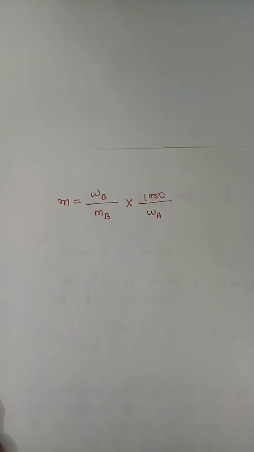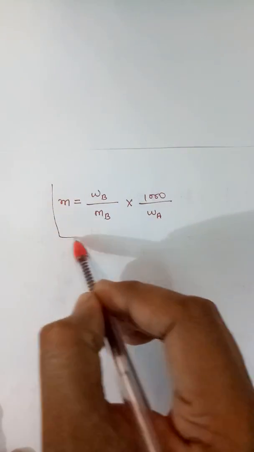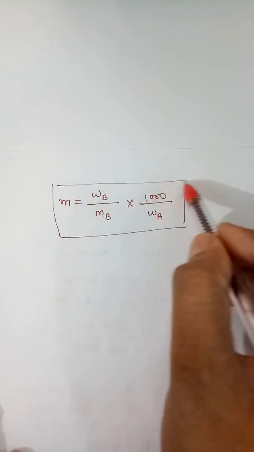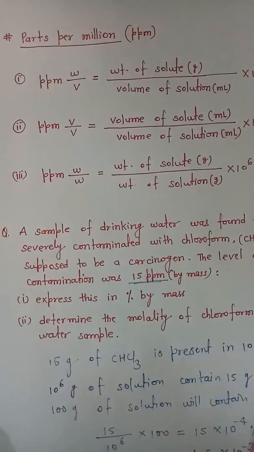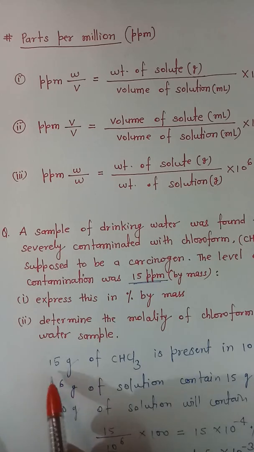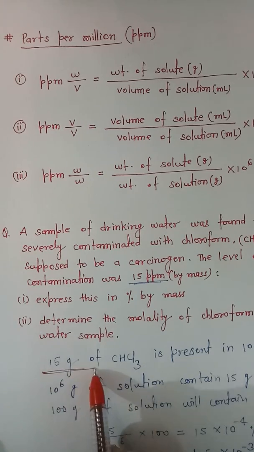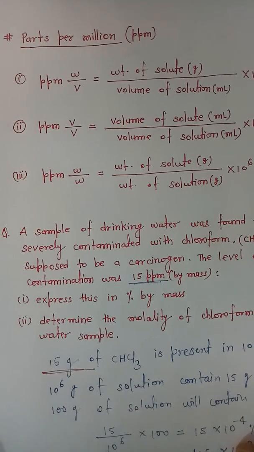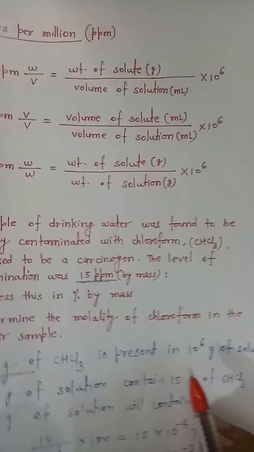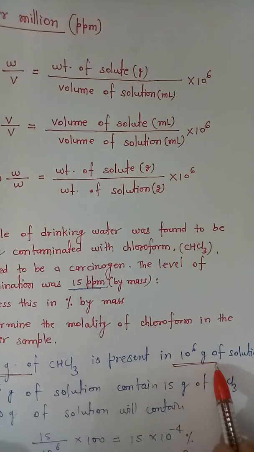This is the formula for finding the molality. Now see the question. We have the mass of solute, that is 15 gram, and the mass of solvent we can take as 10 to the power 6 gram.